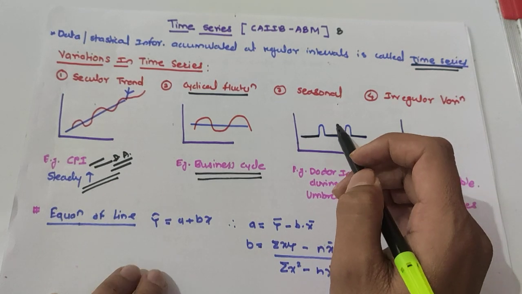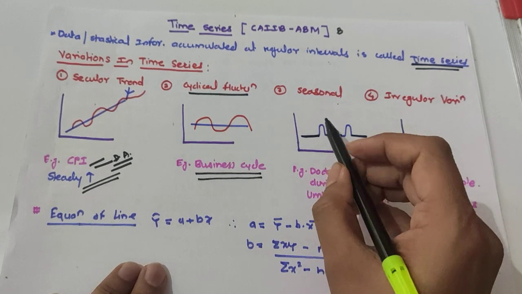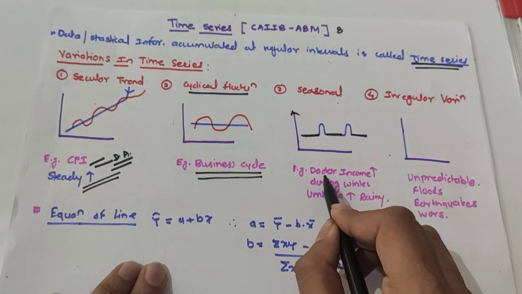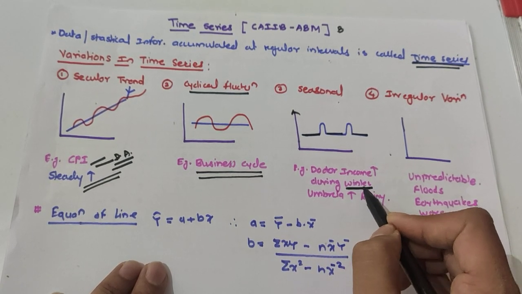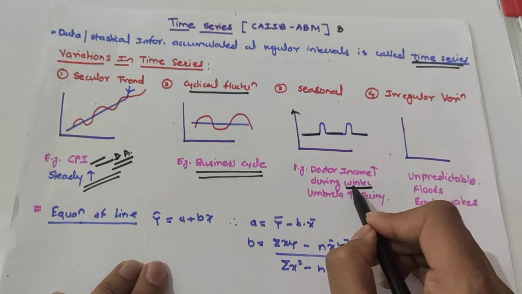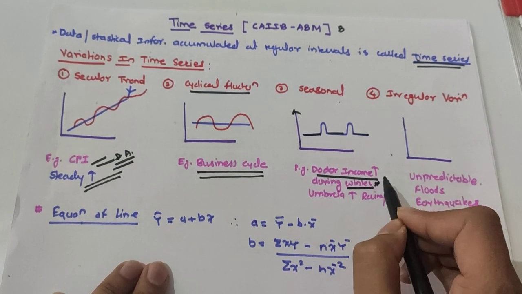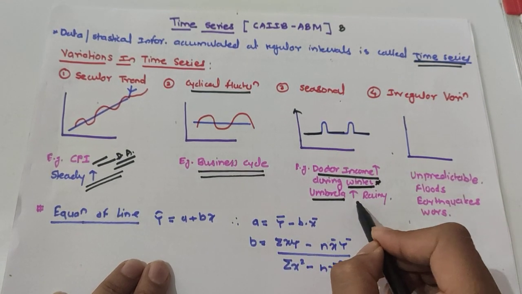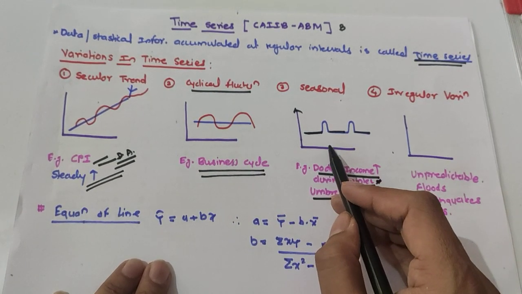That means during some season there is increase in data, there is increase in the value of y, you can say. See, for example, doctor's income is increased during winter. Why? Because people fall ill more in winter. So in winter season, doctor's income is more. Similarly, the demand for umbrellas increases in rainy season. That is the seasonal variation.